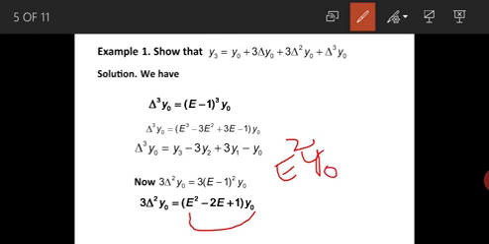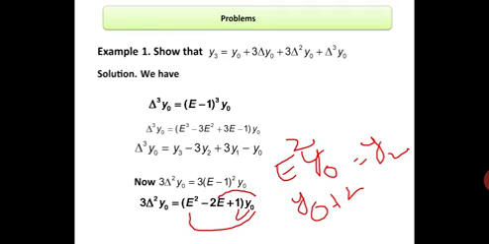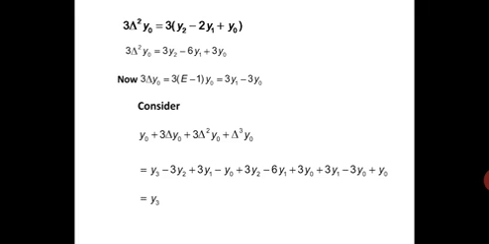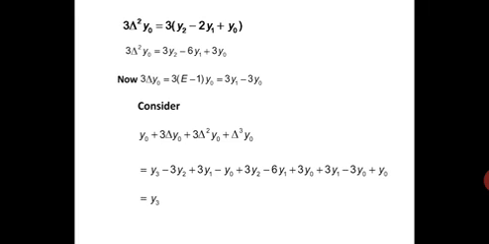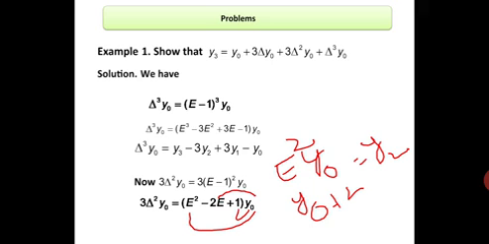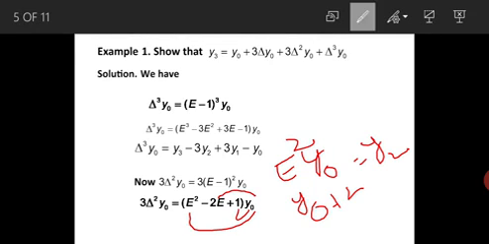So if you apply E to the power n of f of x, then it will be y of 0 plus 2, so it is y2, right? Similarly, I will multiply all the terms. What can we get? You can see it here. If you multiply that with the 3, here 3 is there, right?